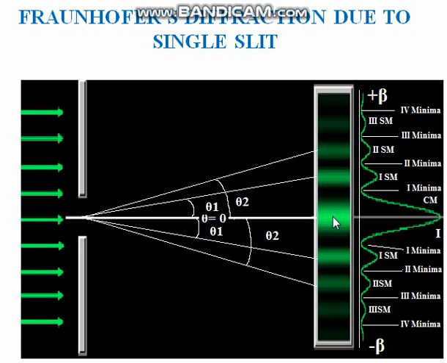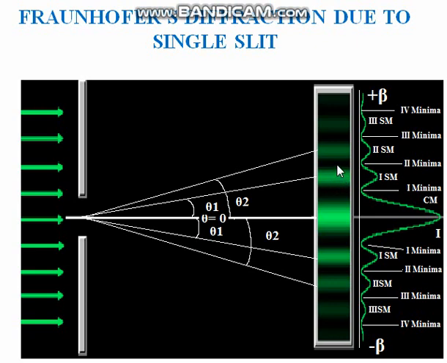On both sides of the central bright band we obtain bright bands and dark bands alternately. This is the central bright band, and after the central maximum this is the first minimum. Then we obtain a dim light here, which is known as the first secondary maxima.